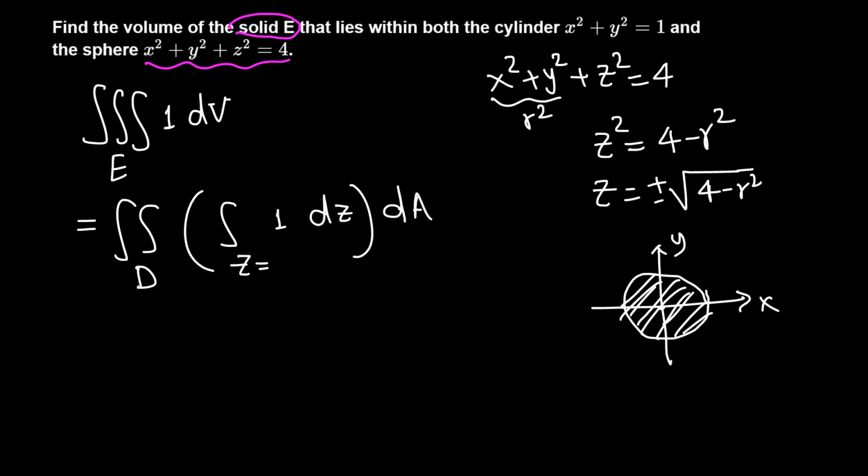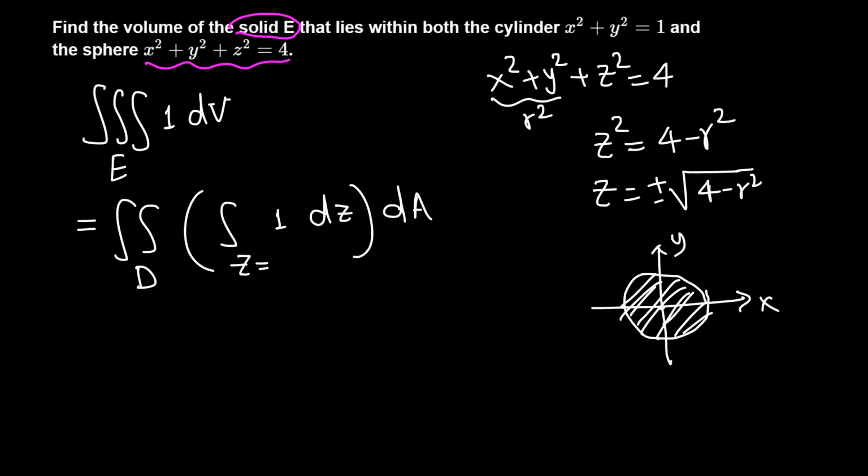And as we know, the volume is just the triple integral of the function 1 dV, and we can always reduce this triple integral into a double integral over D, where D is the projection of the solid in the xy plane, with dA, the change in area, and inside is the integral of 1 dz.